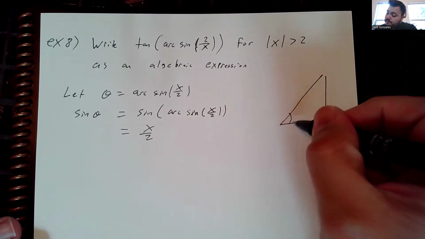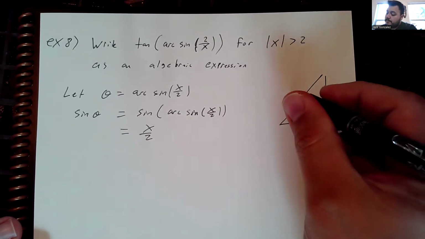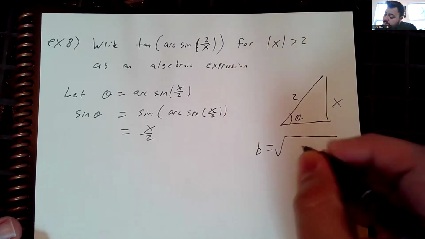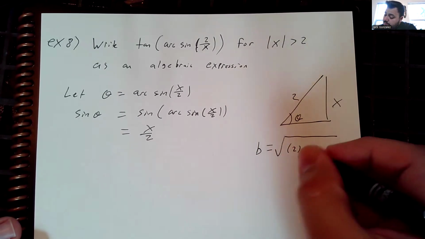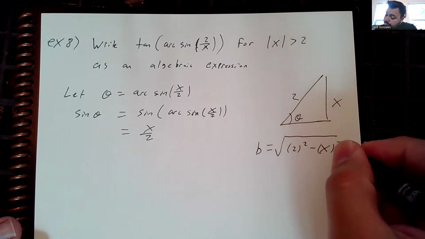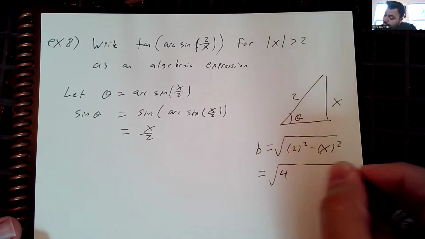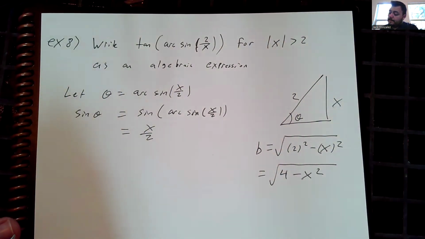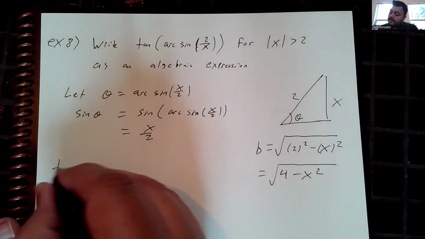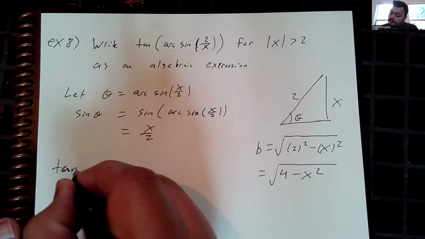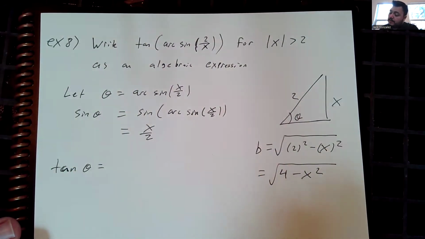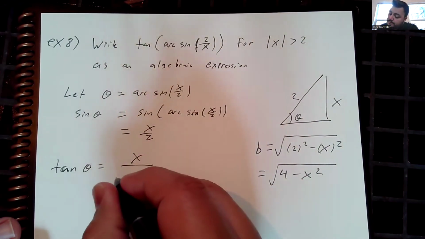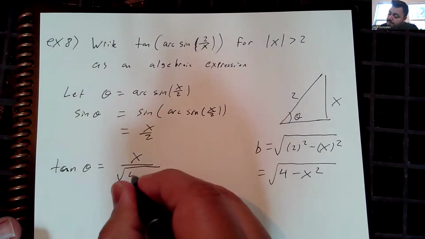Build your triangle. Opposite over hypotenuse. Find the missing side. That'll be the square root of 2 squared minus x squared, which is 4 minus x squared. So tangent of that theta will equal opposite over adjacent. So x over the square root of 4 minus x squared.